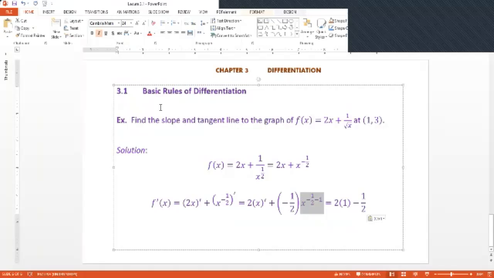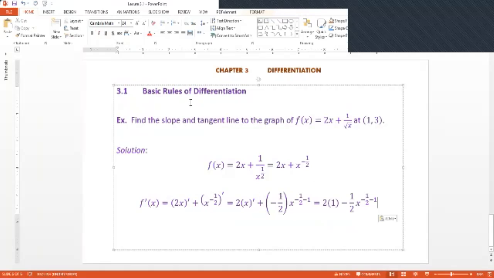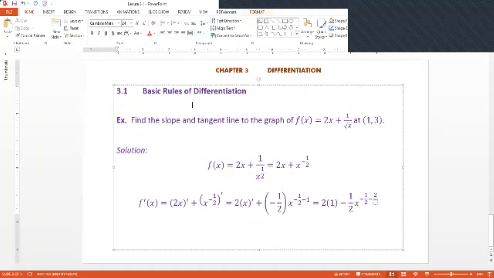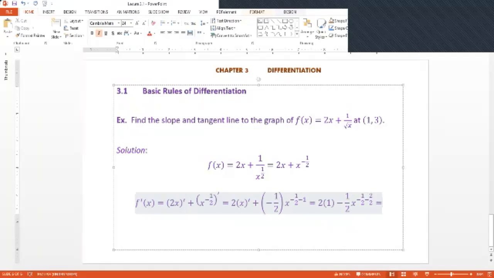Now x to the negative half minus 1. So what is the negative half minus 1? We have to use the same denominator when we add or subtract fractions.